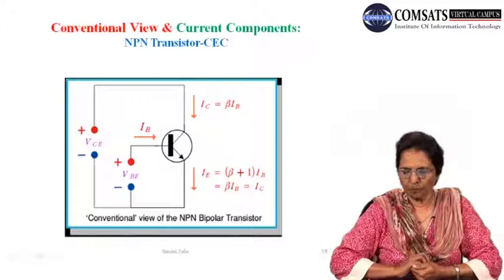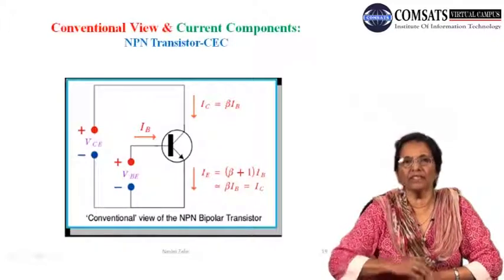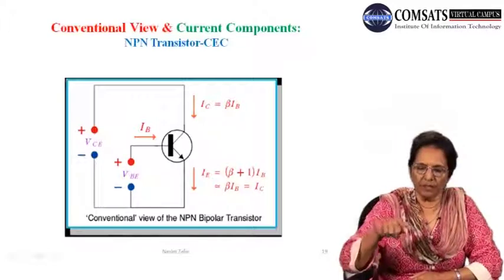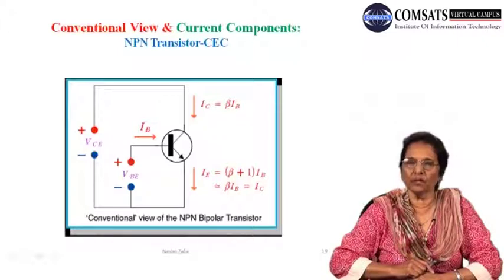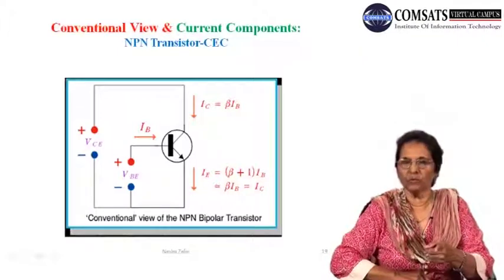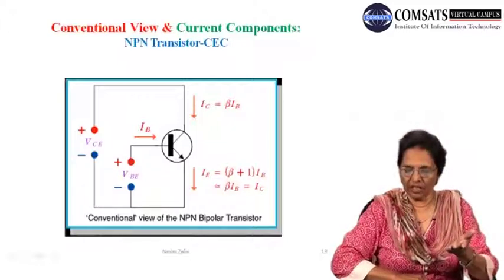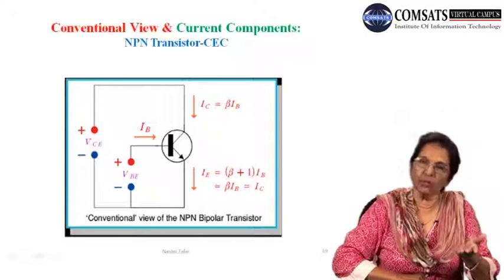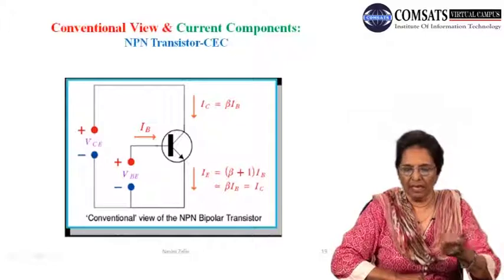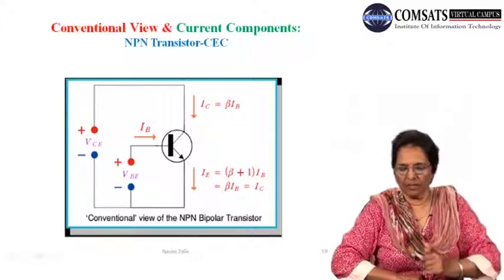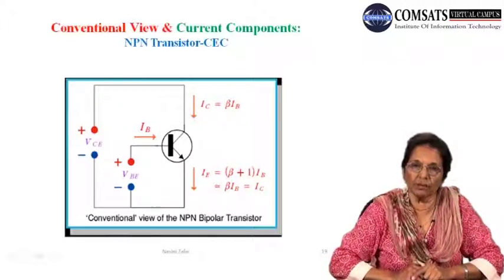Now let's move on. Our collector is N-type, and therefore the N-type collector must be connected to the positive terminal of the battery, and that is what you see on the extreme left side. The N-type collector is now connected with the positive polarity. That would make it reverse bias, and similarly the emitter is connected to the negative polarity of the battery.